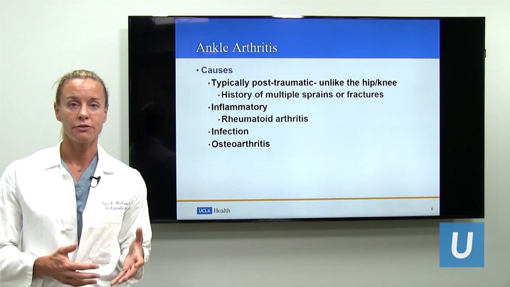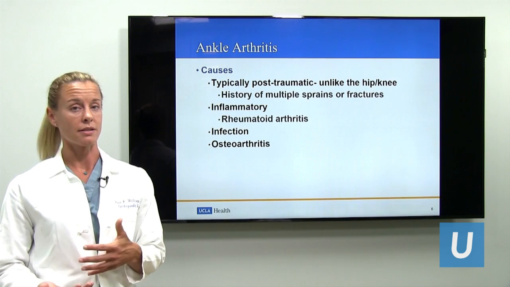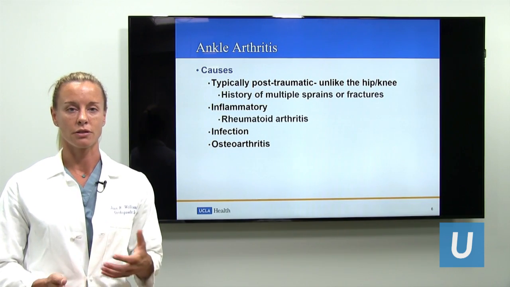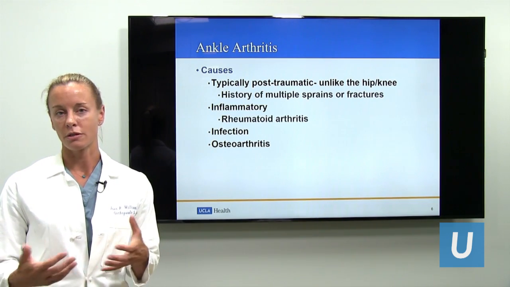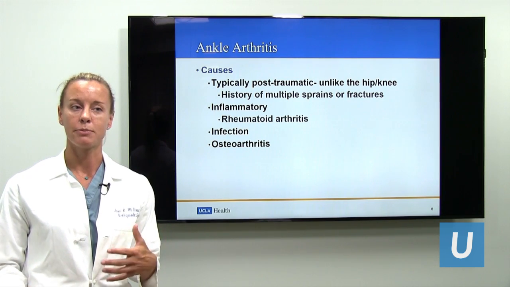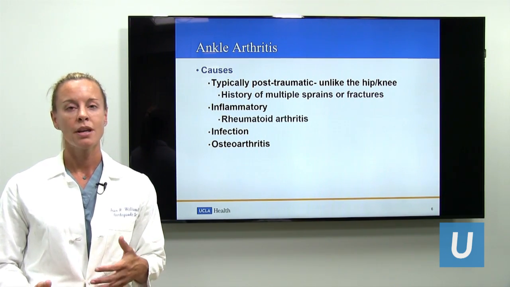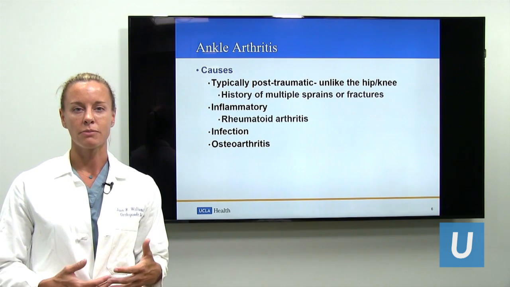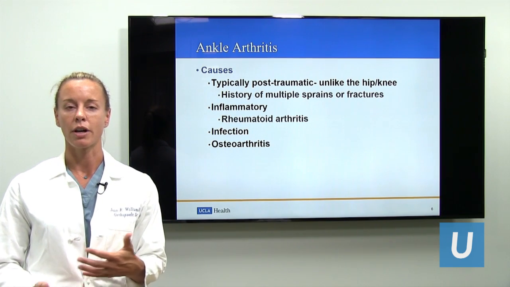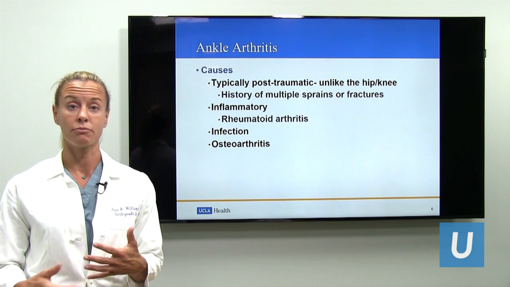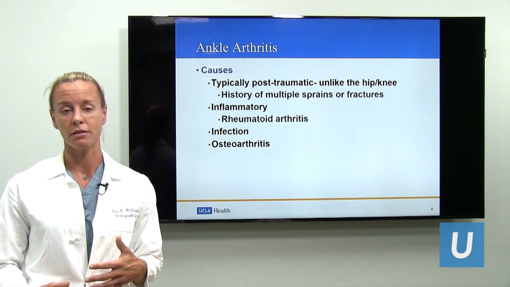So the other difference between ankle arthritis and arthritis at the hip and the knee is that the causes are a little different. I'm sure many people know people who've had their hips or their knees replaced because they just have general osteoarthritis. In the ankle, usually the reason people get arthritis is because of prior trauma. This can be fractures that had to be operated on.